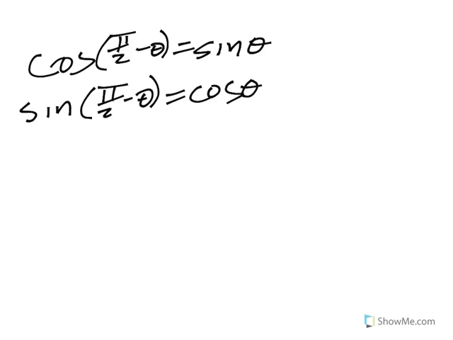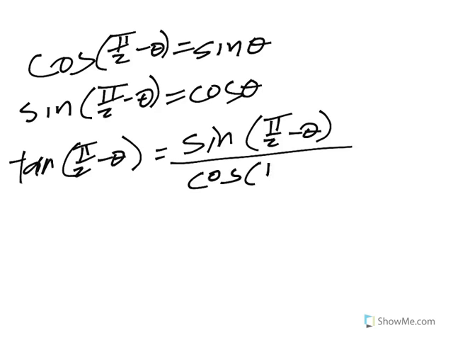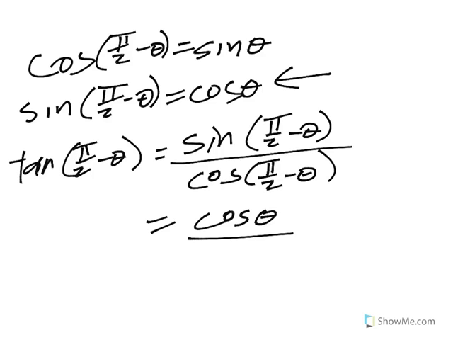So for example, I'm not going to do them all, because I'm already at 8 minutes here, but tangent of pi halves minus theta, well, that's, you know, tangent of anything is sine of it over cosine of it. But each one of these can be replaced with what we just did. Sine of pi halves minus theta, well, that's just cosine of theta. And cosine of pi halves minus theta, well, that's just sine of theta. And what is cosine theta over sine of theta?